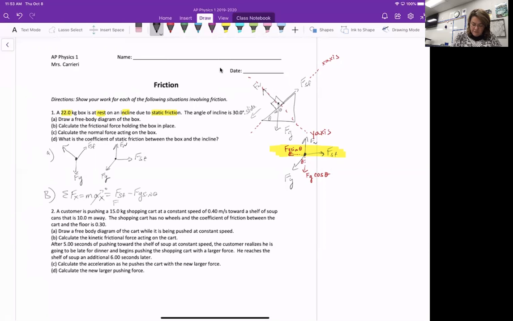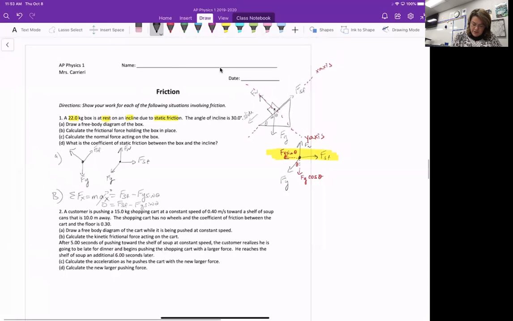So I can solve for that. I can say that 0 equals force of static friction minus Fg sine theta. And I can then say that force of static friction is equal to Fg sine theta.